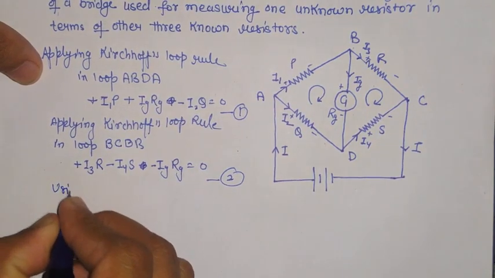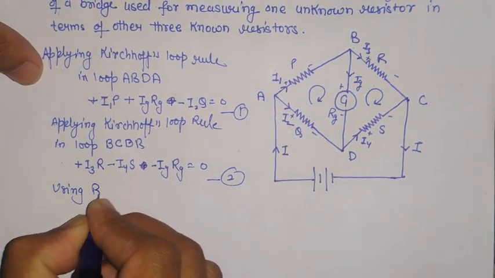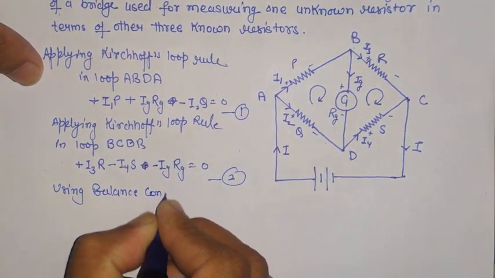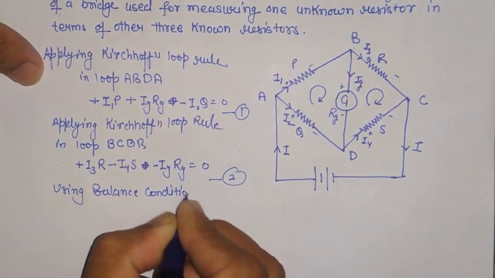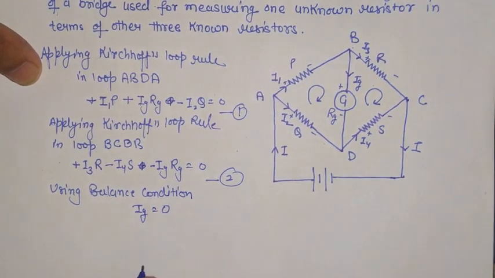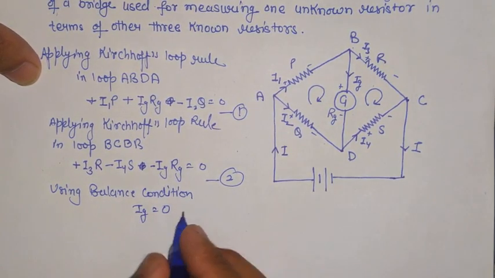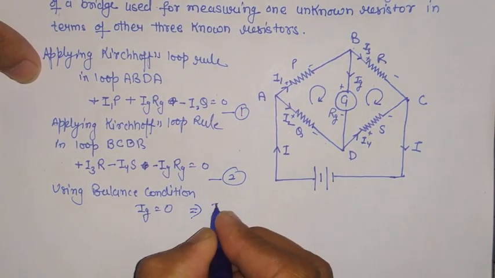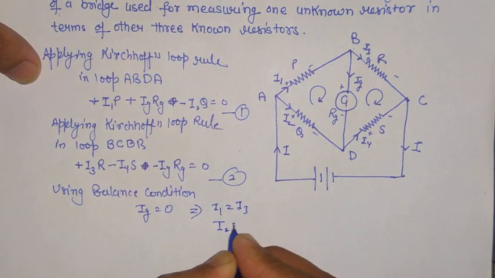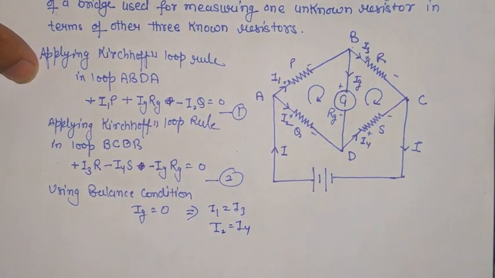Using balance condition, Ig equal to 0. When Ig equal to 0, then I1 is equal to I3 and I2 is equal to I4.